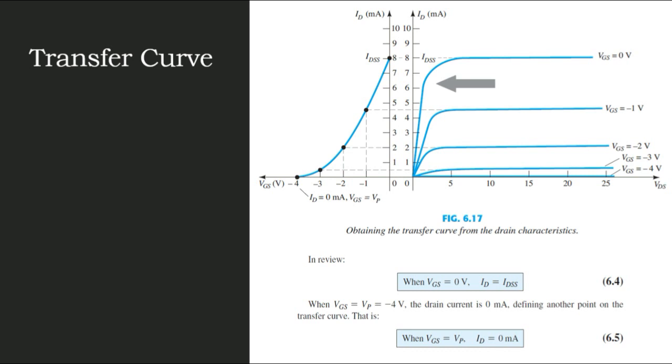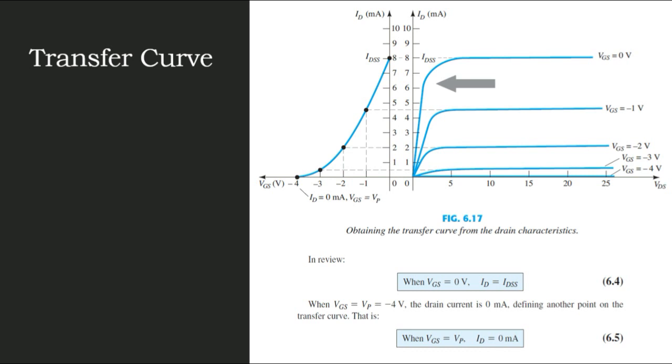On the right hand side of this graph, there are different values for VGS, and we can see different values of drain current. If VGS is equal to minus 4 volt, just like on the left side, then the drain current is almost equal to 0, but the value of VDS, the drain to source voltage, is increasing.